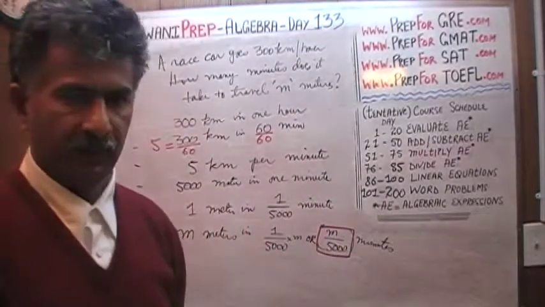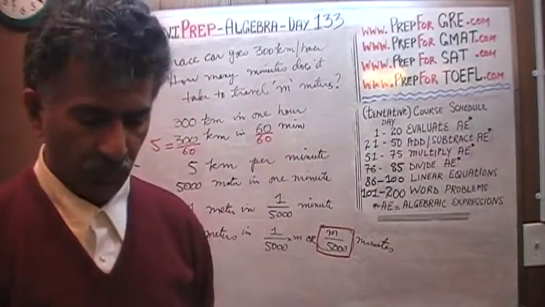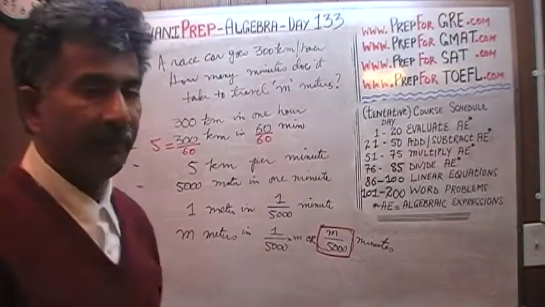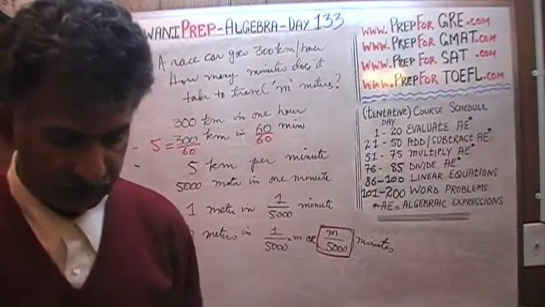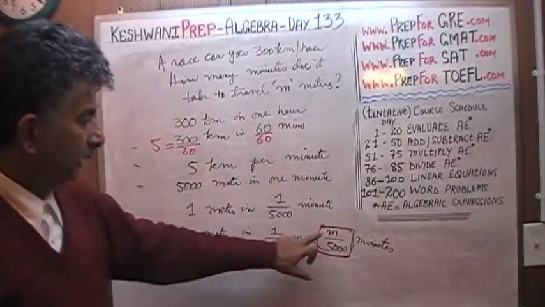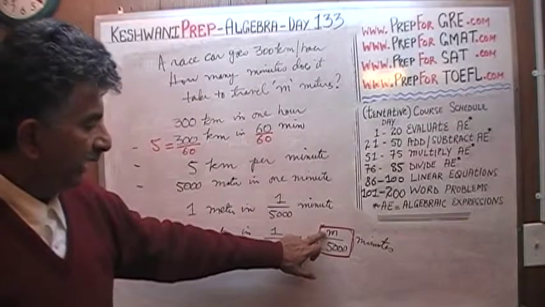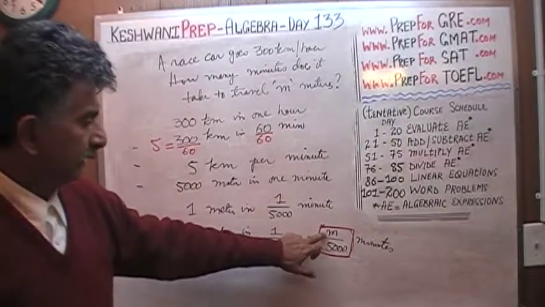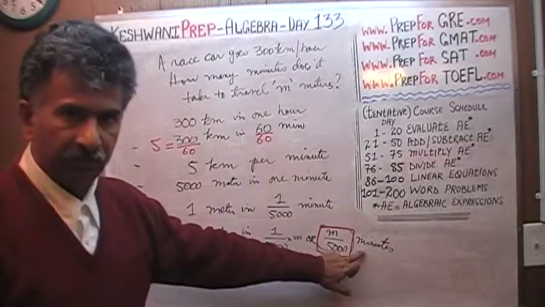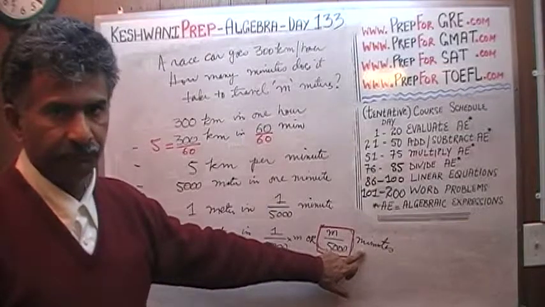That's the answer. How many minutes will it take to go m meters at the speed of 300 kilometers per hour? It will take m, whatever that m happens to be, divided by 5,000 minutes. Let me say it one more time.